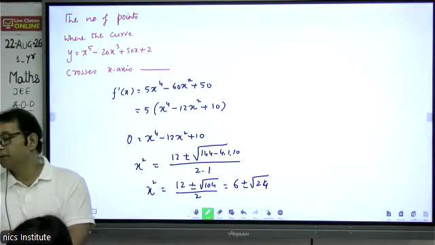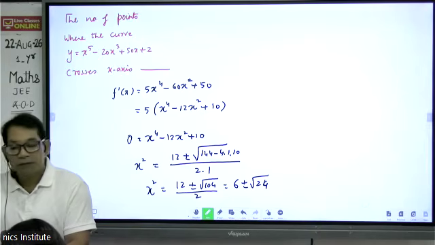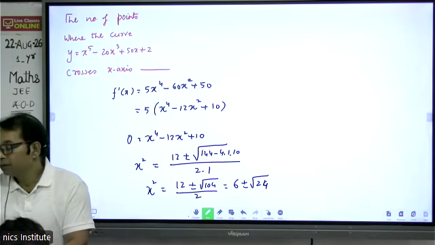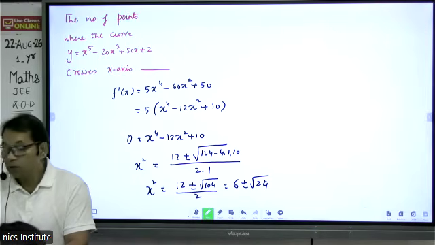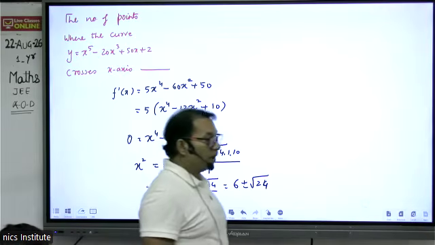Both are positive. And again, you find the further root, there'll be 4 answers. So there'll be 4 points of maxima and minima, isn't it?